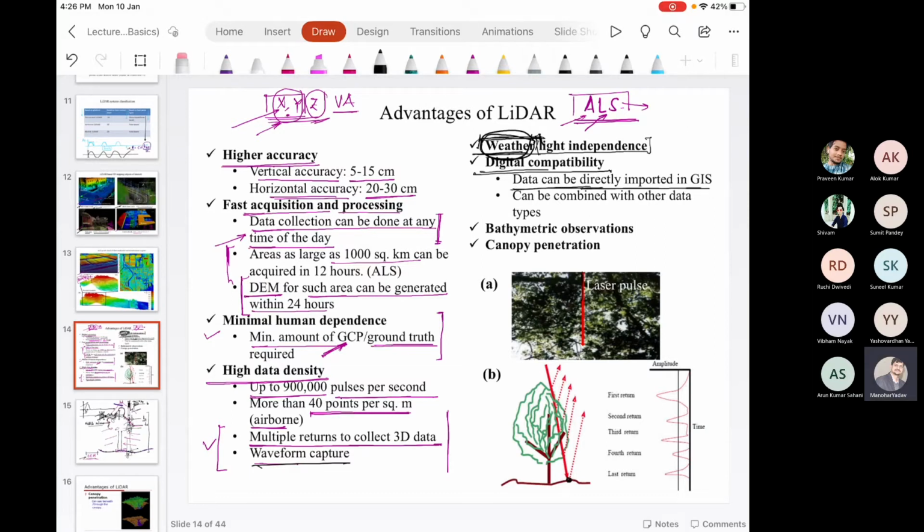Like if you want to draw a particular trajectory on Google Earth, what do you do? You have a certain set of points, you generate a KML file, and you import it within Google Earth, and you can see a line. So what is the requirement?